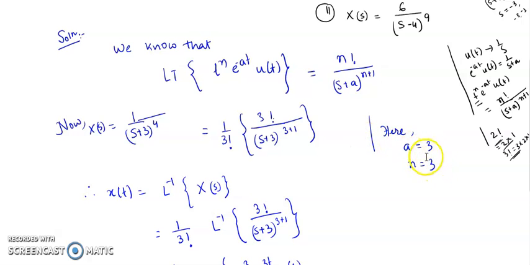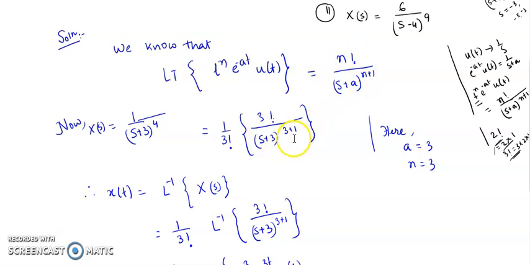So a = 3 and n = 3. The denominator (s+3)^(n+1) you directly obtain from this. But to make the factorial n in this function, with n equal to 3, you have to write factorial 3 here. Since you are multiplying by factorial 3 here, you have to divide by it outside, so that they cancel out. So we are converting this function to make it compatible with the formula.